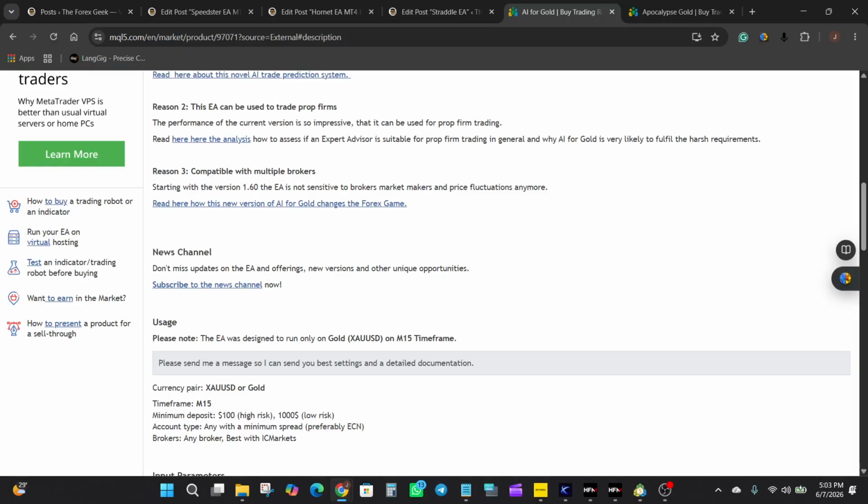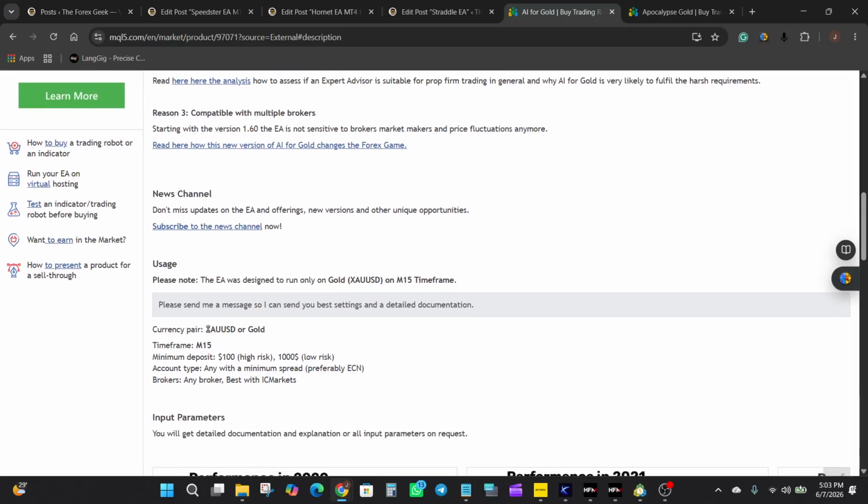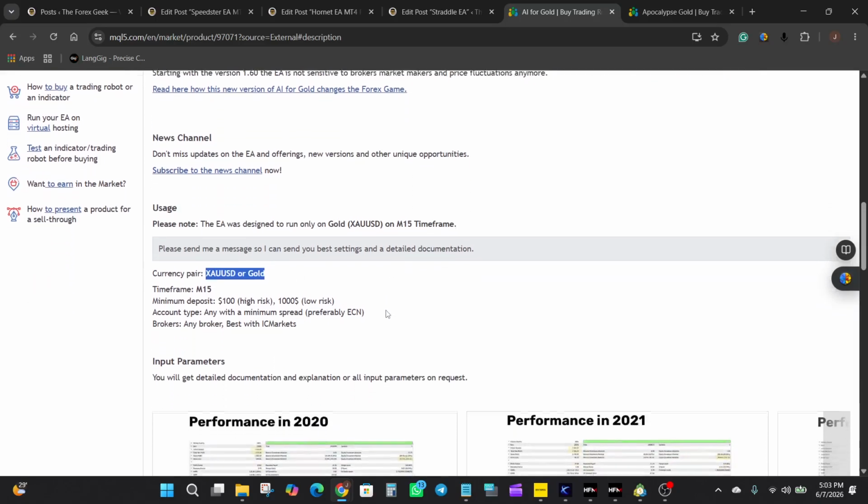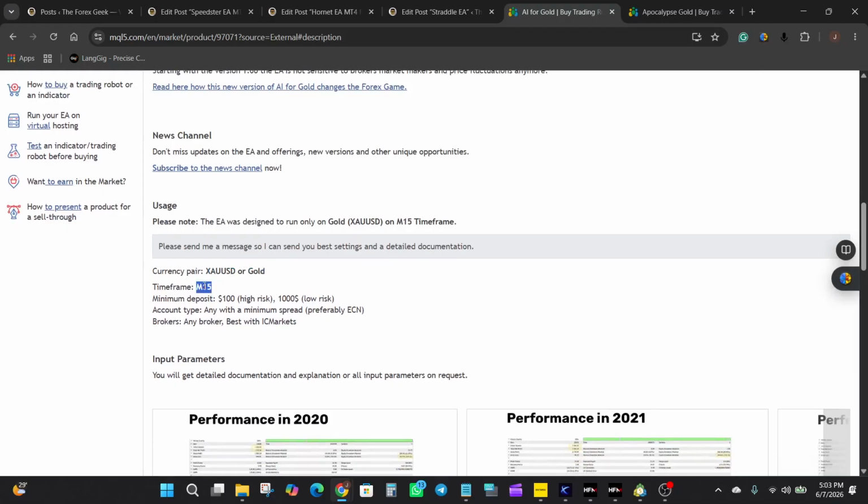There are also usage recommendations listed. The EA is intended to be run on XAUUSD, using the M15 time frame with a minimum deposit starting around $100 depending on risk level, and ideally higher for more conservative usage.